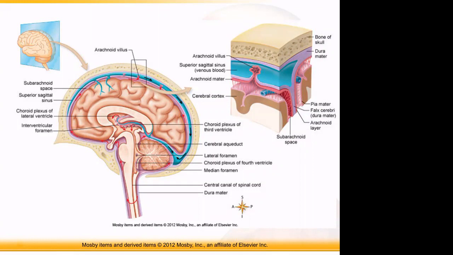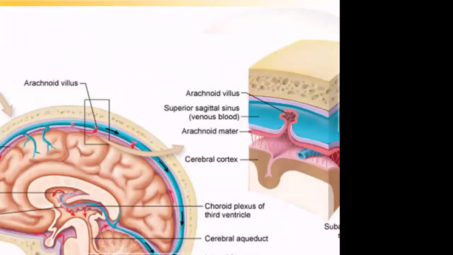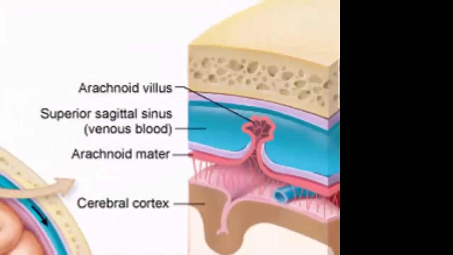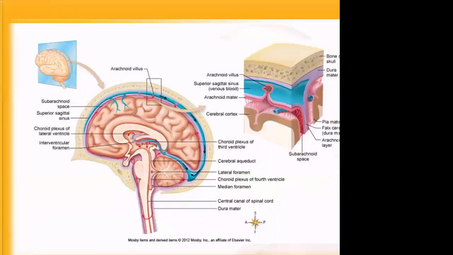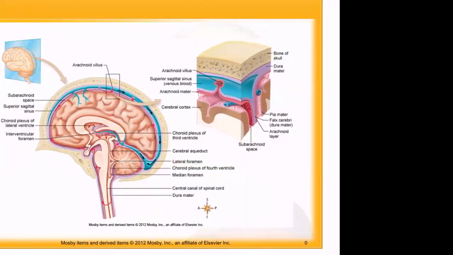However, drilling through the skull to get to it might be a little bit dangerous. So instead, what do they do? They go in through the back and go right into the subarachnoid space and the areas around the spinal cord and drain the fluid that way.